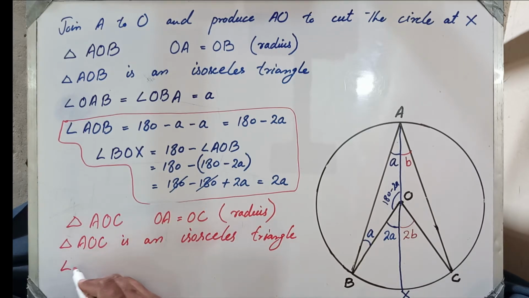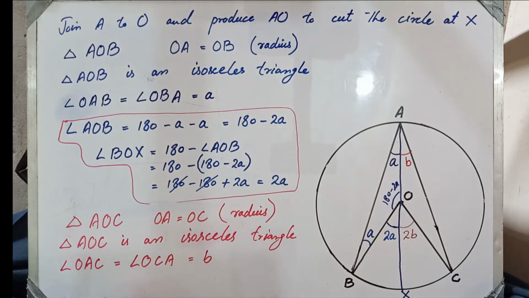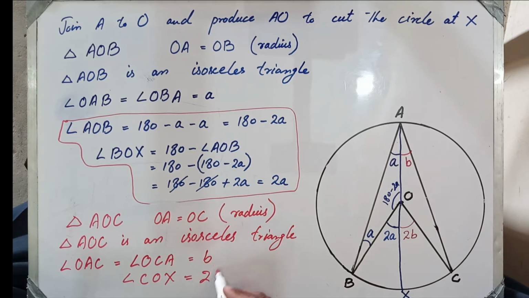So angle OAC will be equal to angle OCA, both will be b. Then similarly by this process, you can find angle COX, which will be 2b.